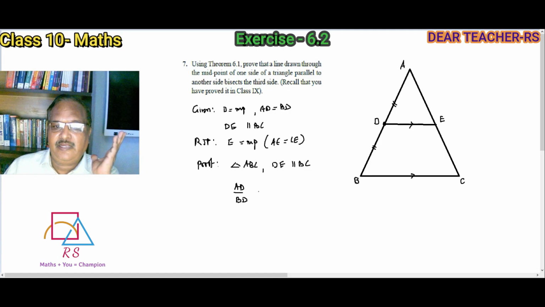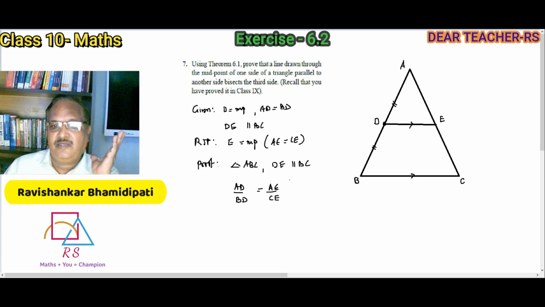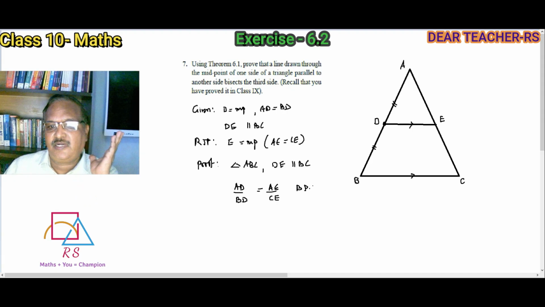AD by BD is equal to AE by CE. Instead of AD, let me write BD, BD by BD. Don't write BD in the place of AD. I have written 1.